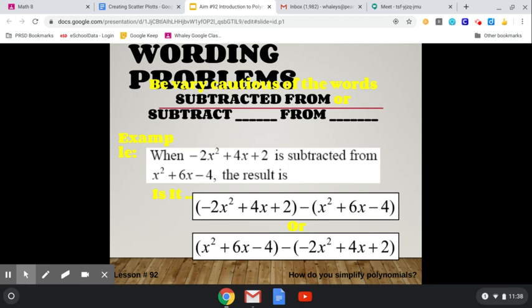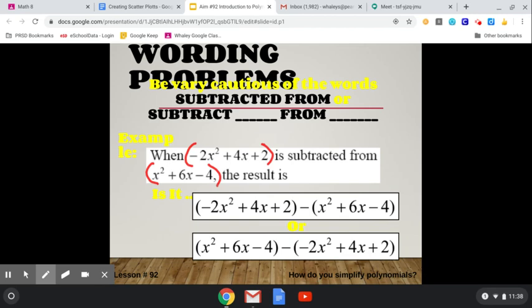Well, the good thing I want to note about each one of these examples, although only one of them can be right, is that both examples put parentheses around our expressions. We got to make sure that we do that when we go to subtract, because if we don't, we're going to forget to distribute. Really, really important. All right, so let me reread this again.